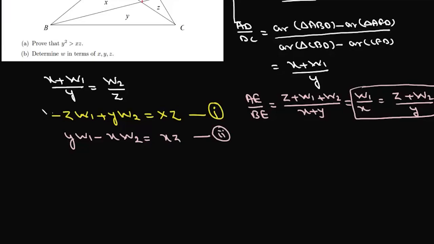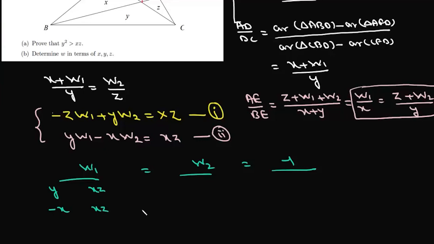So now we have two linear equations in W1 and W2. Now we're going to solve them. So we can write W1, W2, and this is minus 1. Now this is B1, B2. So this is Y, minus X, XZ, XZ.